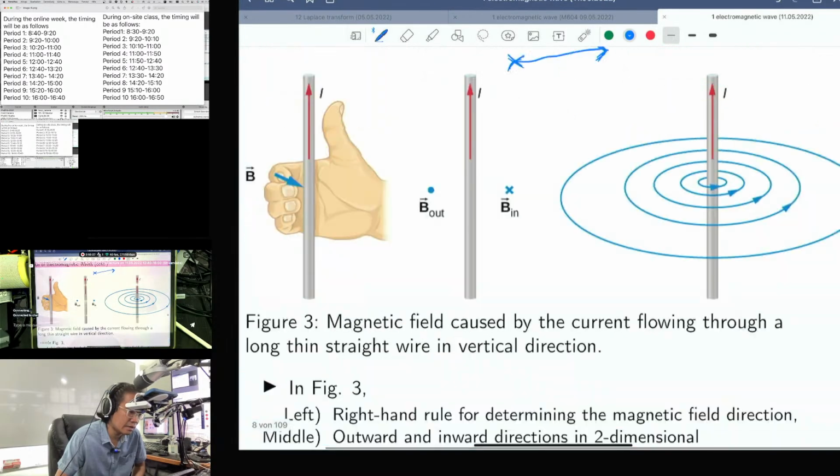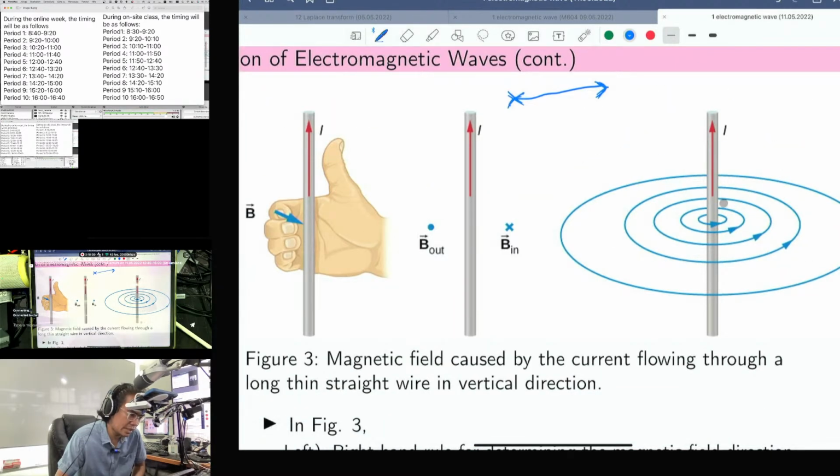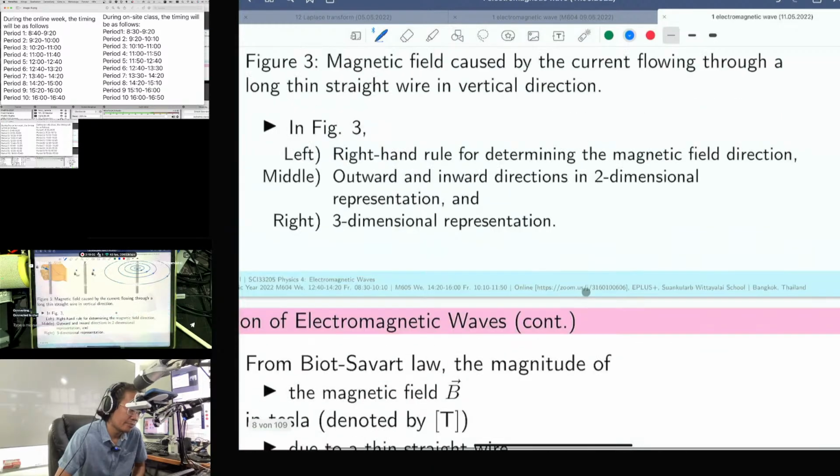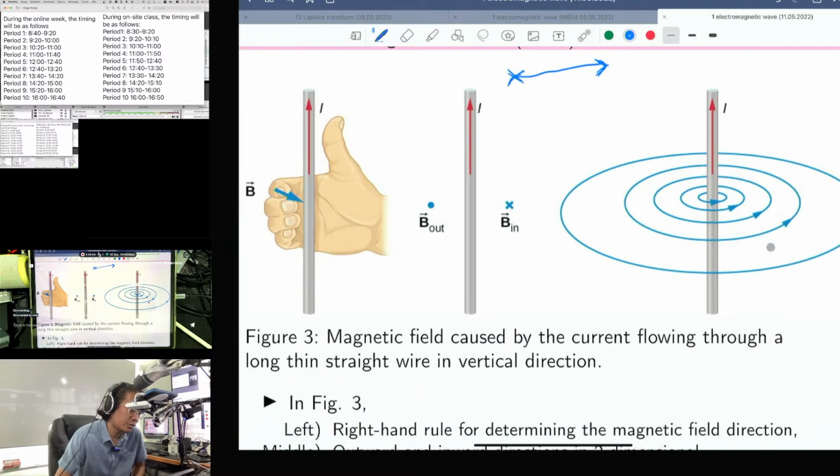And another effect is that if you let the current flow more and more, okay, with more amount of current, you would get a greater amount of magnetic field too, right? So it means the magnetic field should directly depend on the amount of the current.